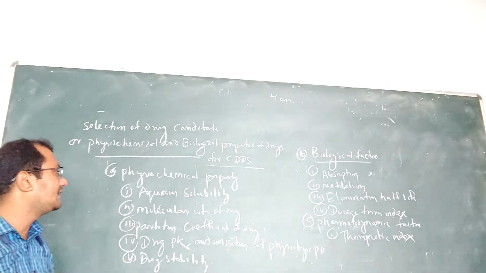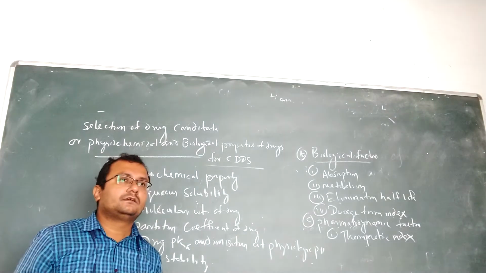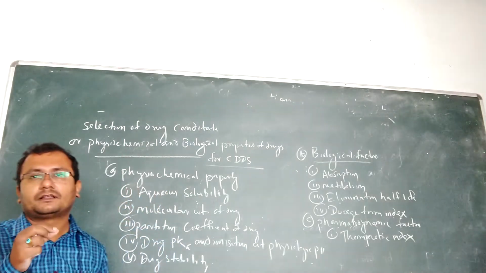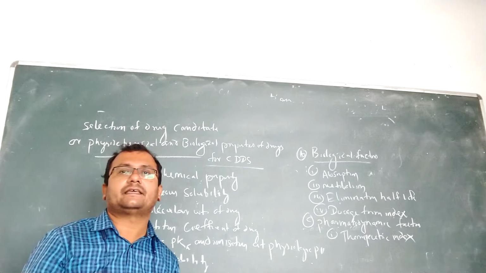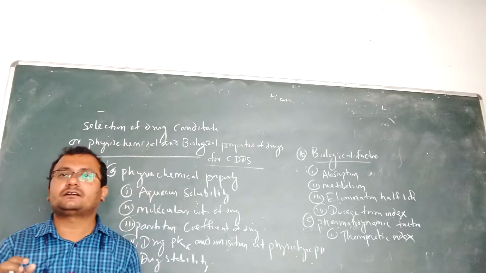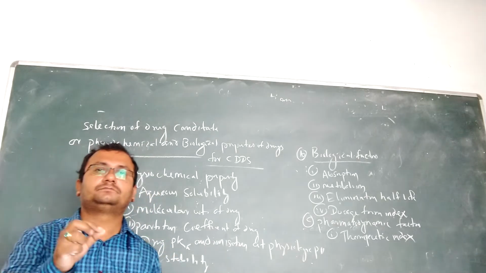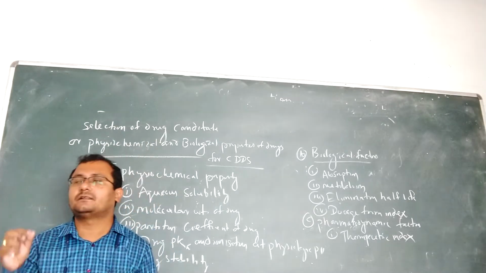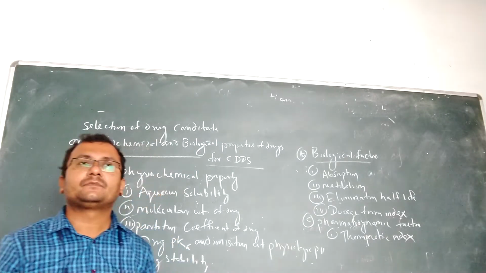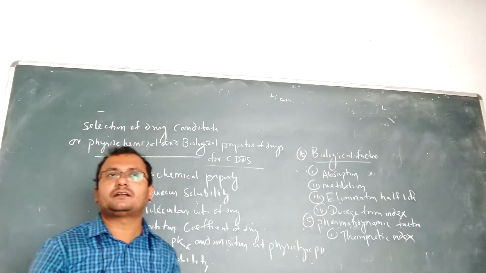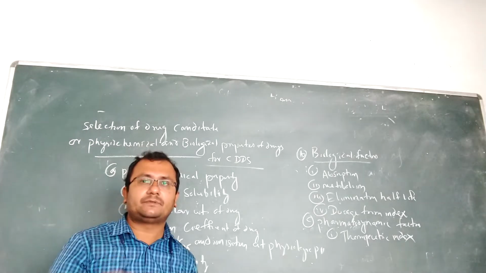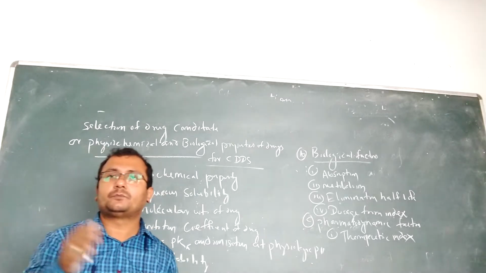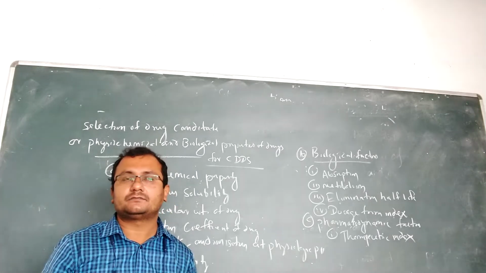Second one, molecular weight of the drug. Low molecular weight drugs are suitable for controlled drug delivery system, because in the mechanism of absorption, generally 90% of drugs are absorbed through passive diffusion, and some other drugs are also transported through carrier transport and other mechanisms.